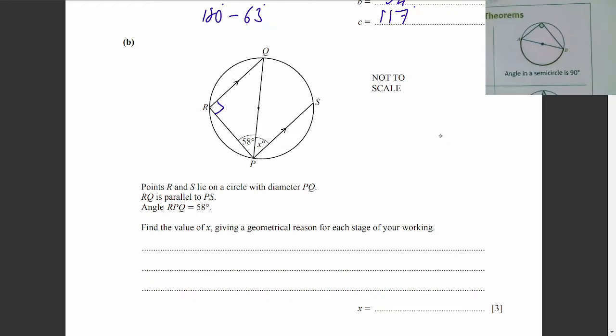So we're going to write angle PRQ equals 90 degrees. And the reason for this is angle in a semicircle equals 90 degrees. I don't think you have to write that, but to be thorough, let's put it in.